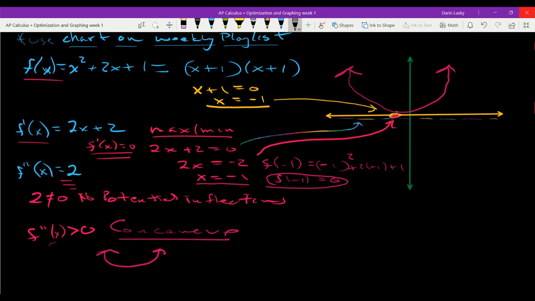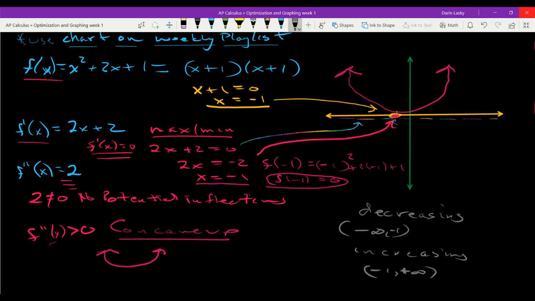Okay, so we also know that it is decreasing from this side here down to the critical point. So we know from negative infinity to -1, it is decreasing, and it's also increasing from -1 to positive infinity.